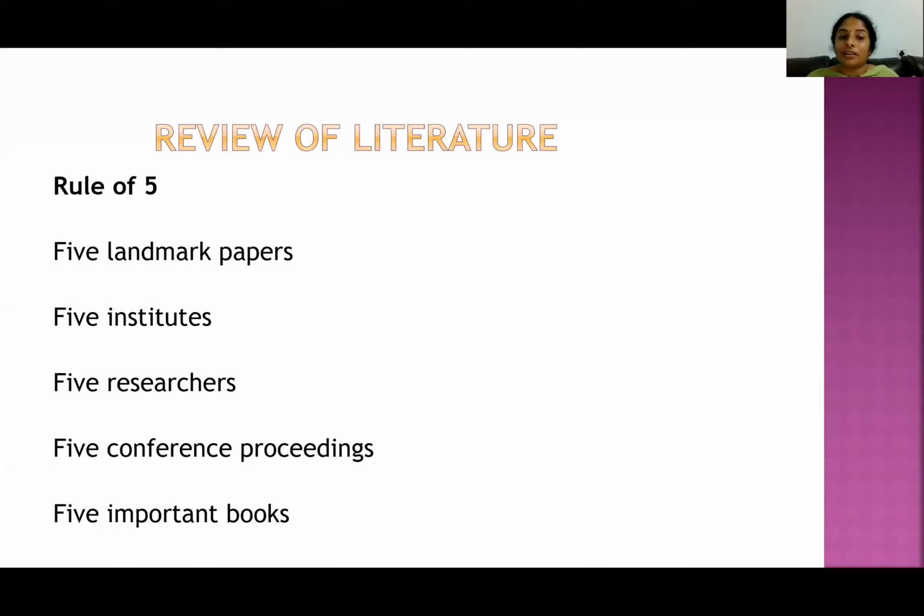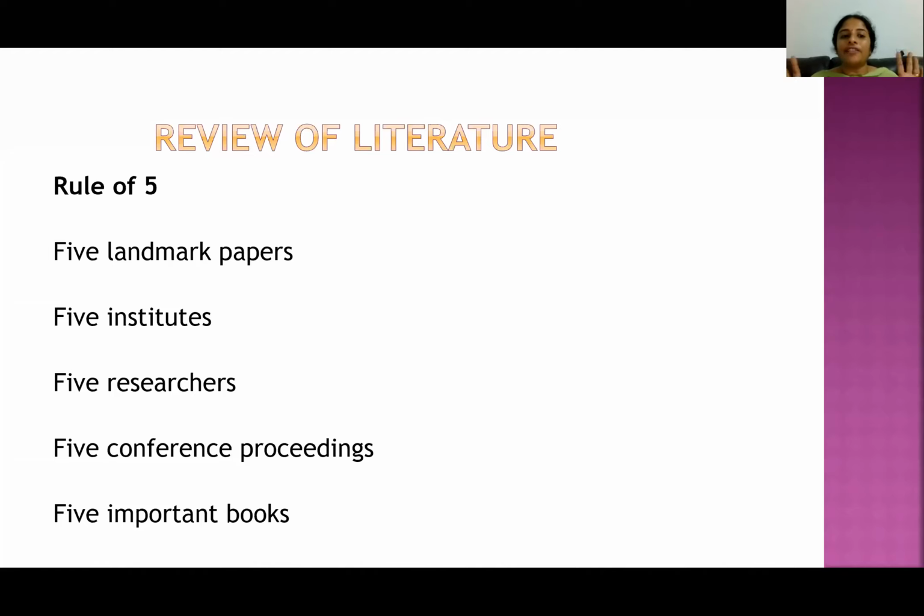How do you decide whether something is a landmark paper? If it is published in Lancet, or in the Indian Journal of Tuberculosis, it is a landmark paper. The Indian Journal of Endocrinology is a reasonably good journal. So my review should contain the 5 landmark papers on thyroid prevalence from Kerala in the last 5 years.